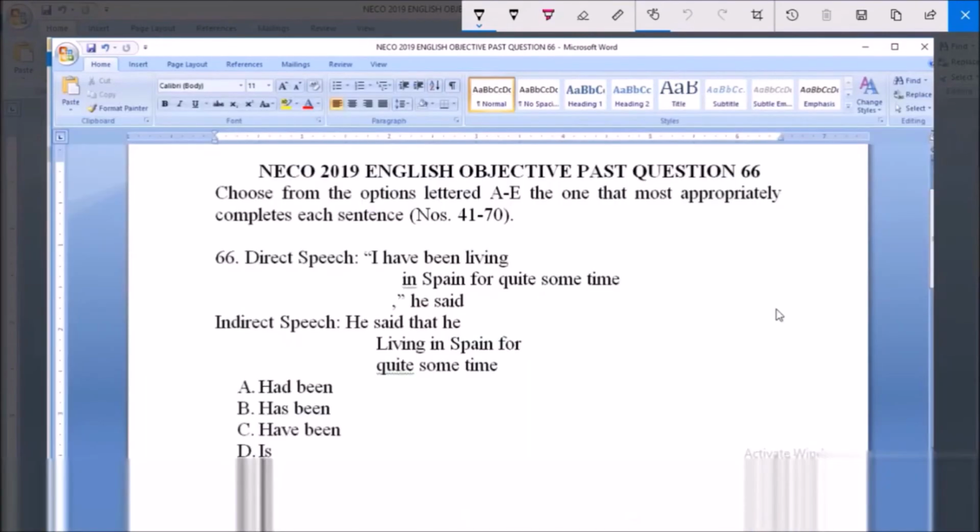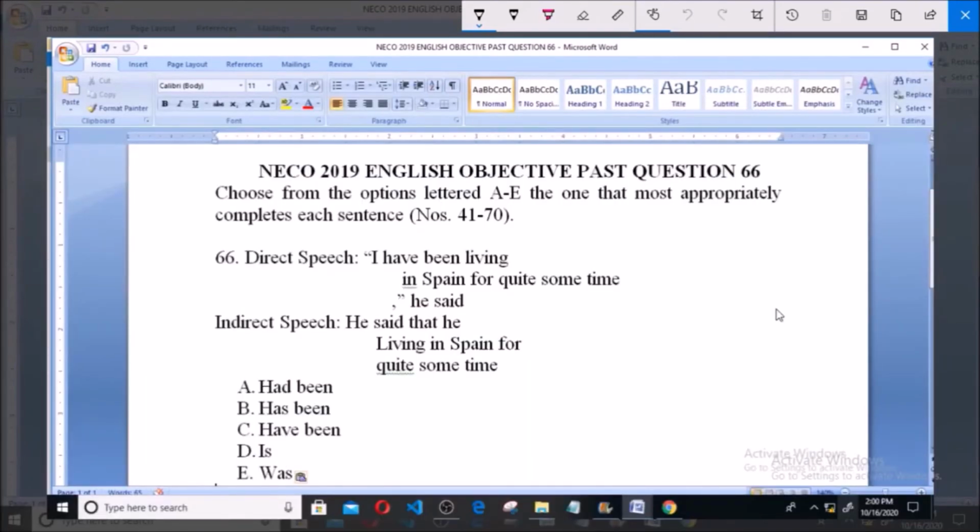Welcome. This is NECO year 2018 English Objective Past question number 66. And to this question, the instruction says choose from the options lettered A to E the one that most appropriately completes each sentence. This instruction is applicable to question number 41 that we have answered to question number 70.